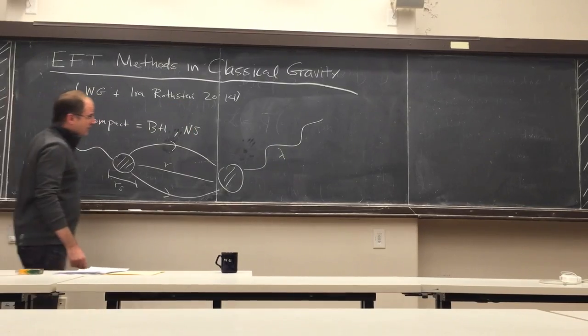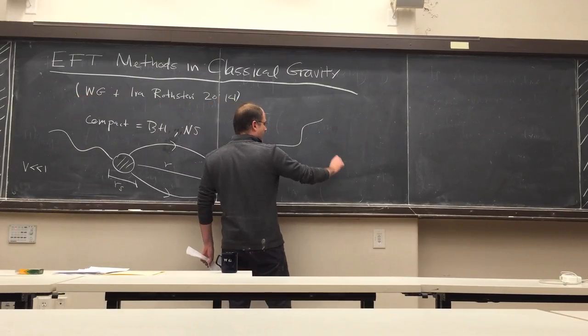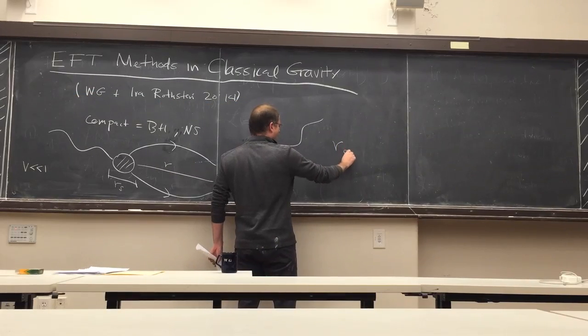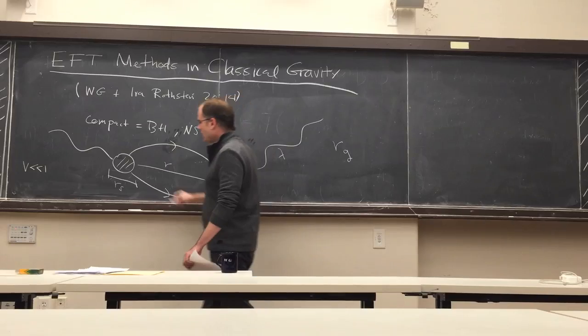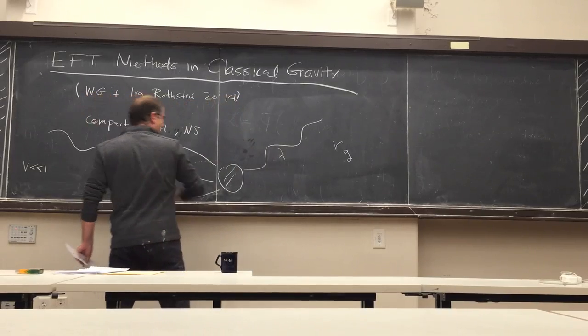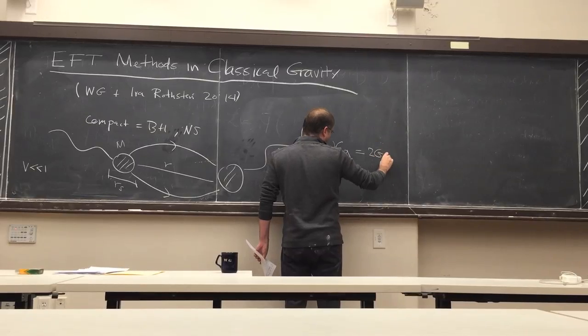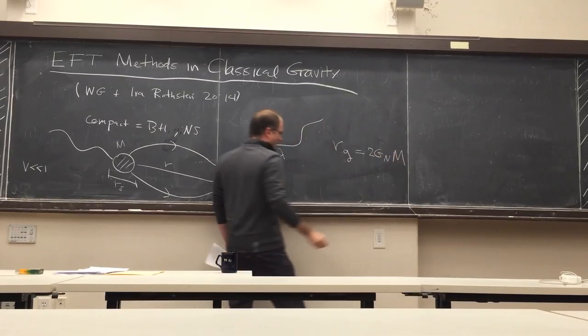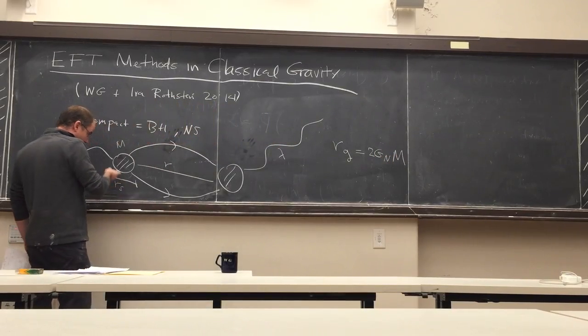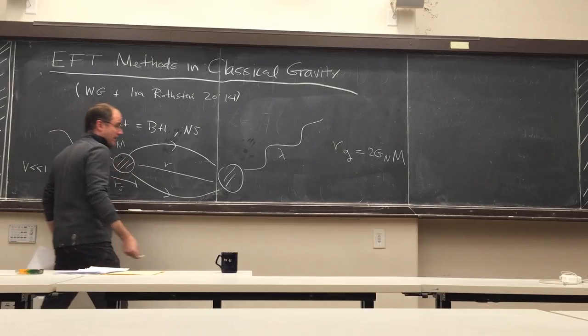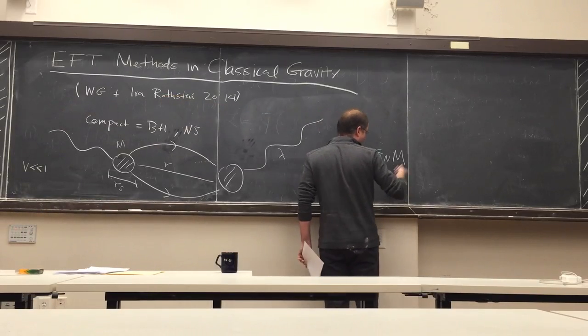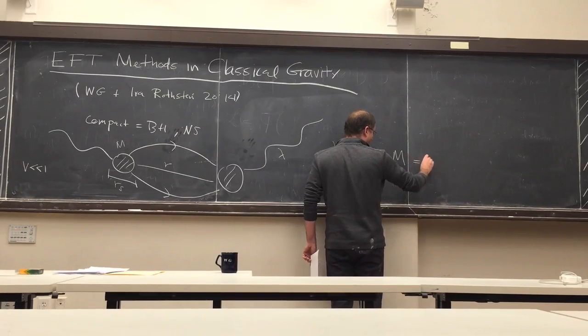And we also have another scale, namely the gravitational radius. I'm going to call that r_g. And if these are objects with some mass m, the gravitational radius is the Schwarzschild radius of the objects. So for black holes, this gravitational radius can be regarded as being a measure of the size of the things that are orbiting around each other.